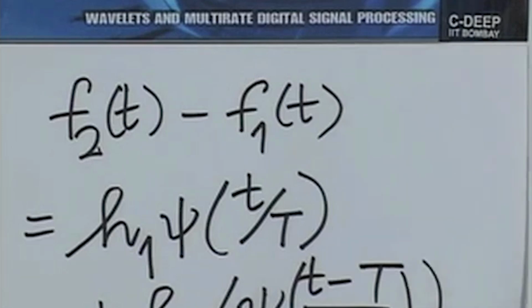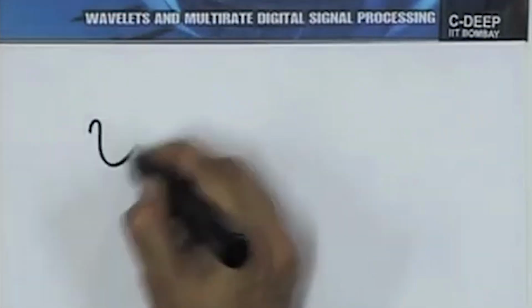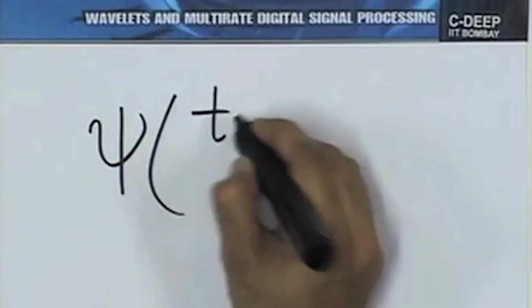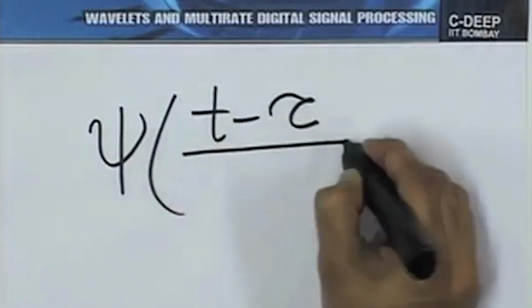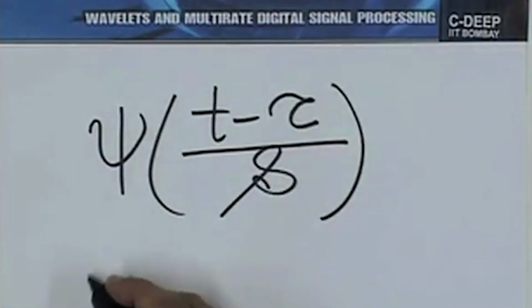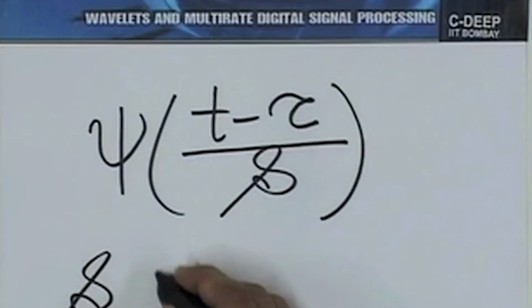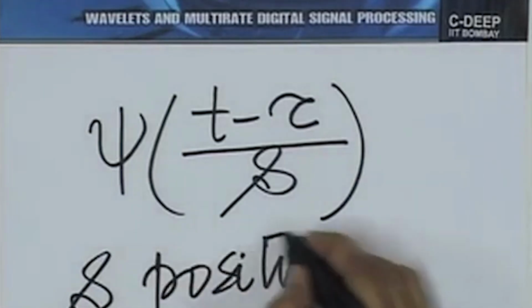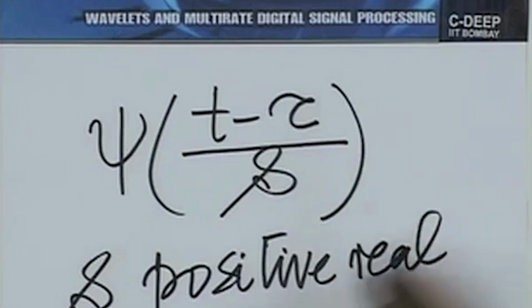In other words, in general, when we start from the function psi of t, we are constructing functions of the form psi of (t minus tau) by s, where of course s is a positive real number and tau is real.